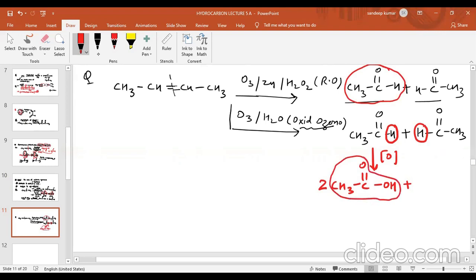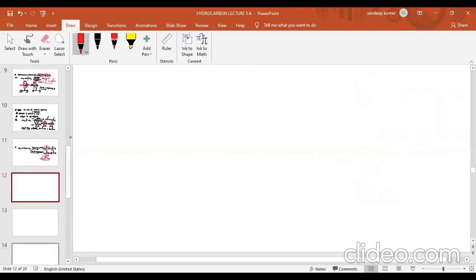Now see the next question. So the next question you people do by yourself. The question is basically you have to do the ozonolysis of a compound like this. The compound given is cyclobutene.